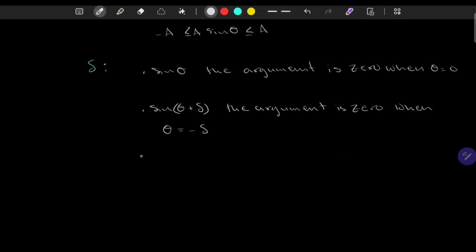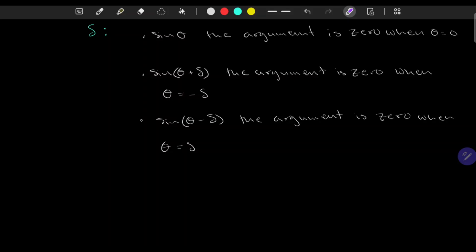What happens if you subtract a phase delta? You would have sine of theta minus delta. Then the argument is 0 when theta is equal to delta. You can think about this as the starting point of the sine function having moved forward by the phase delta.